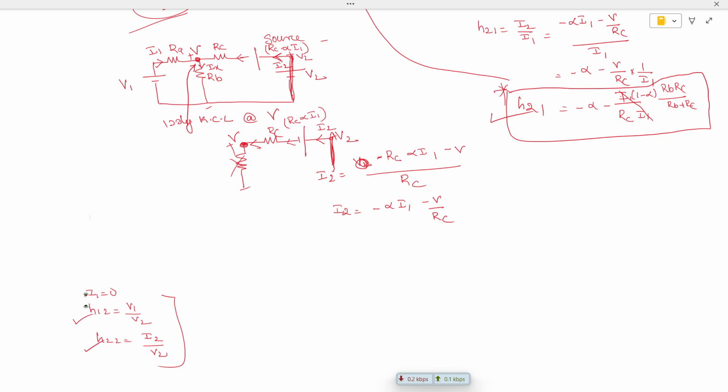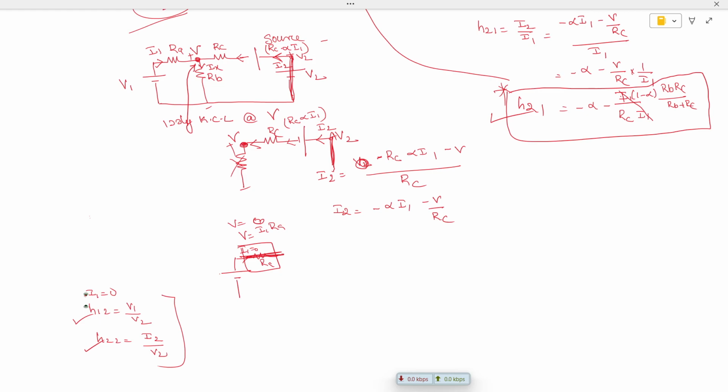So I1 is 0, so we have a voltage, and since I1 is 0, the drop created in this branch is V equal to I1 into RA, but I1 is 0. Here this will act like a short circuit.